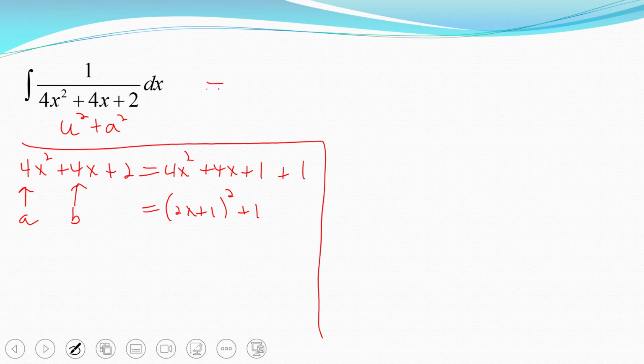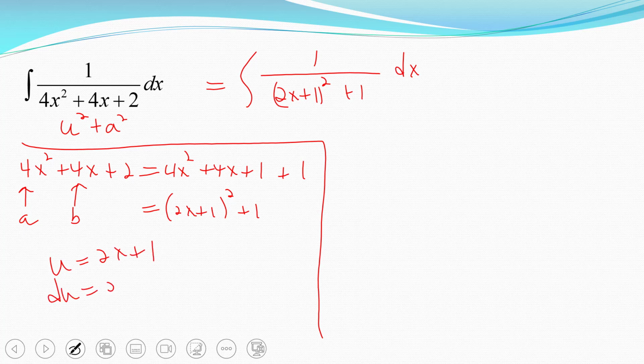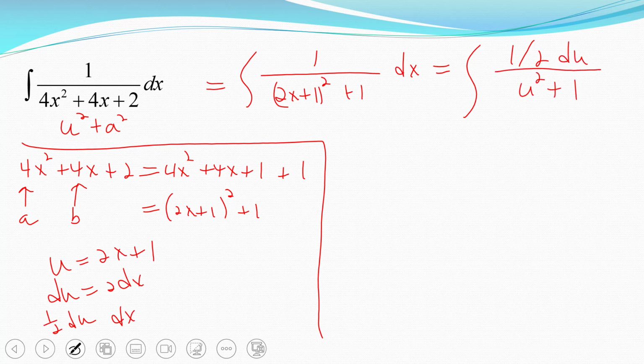So this equals the integration of 1 over 2x plus 1, that quantity squared, plus 1 dx. I'll let u equal 2x plus 1, which means that du would be 2 times dx. So dx would be 1/2 of du. This becomes the integration of 1/2 du all over u squared plus 1.